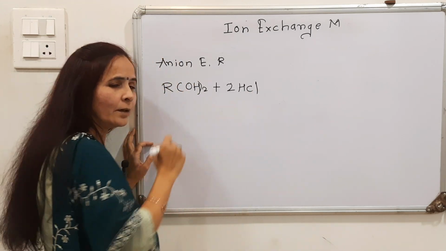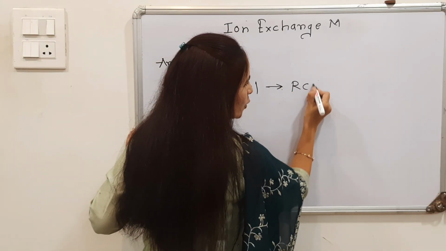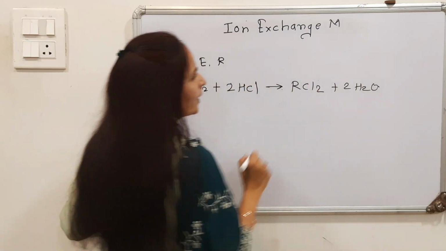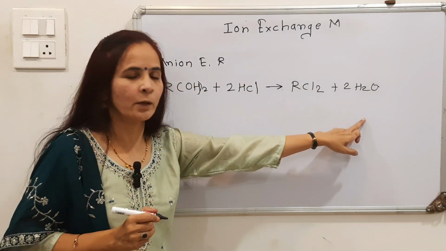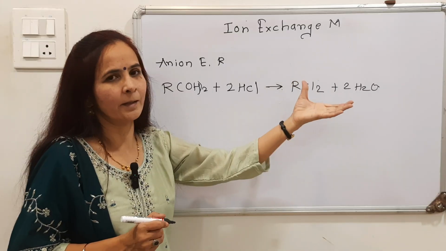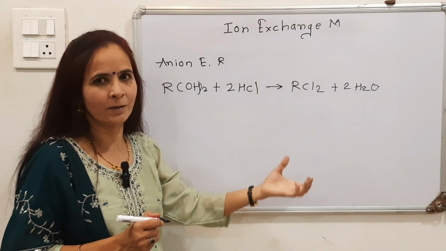It forms RCl2 plus 2H2O. Here we obtain water, and these ions are absorbed on the surface of the second resin, that is the anion exchanger resin.